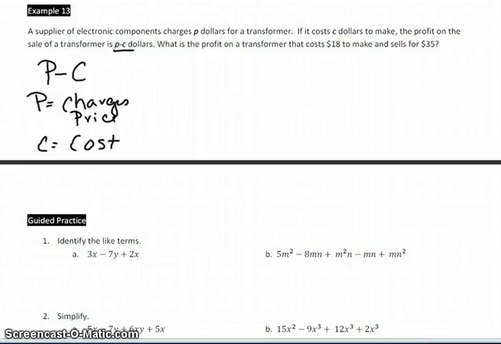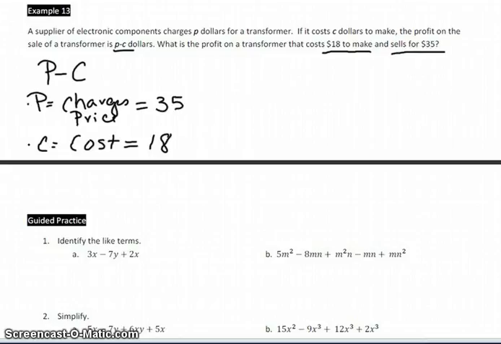So when I'm doing word problems, I sometimes, most of the time, write the variables down, P and C equal to, and what they stand for. And then I continue reading. What is the profit on the transformer that costs $18 to make? So cost $18, I just continue that line and write in 18, and sells for 35.